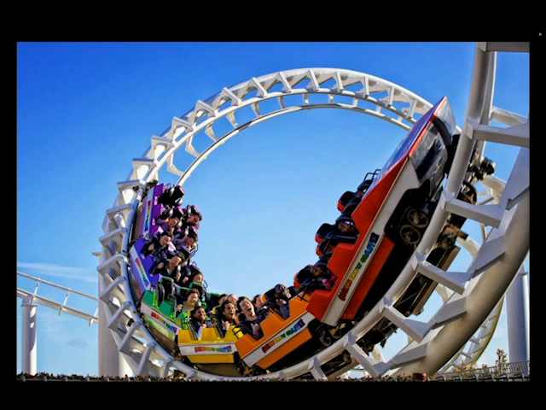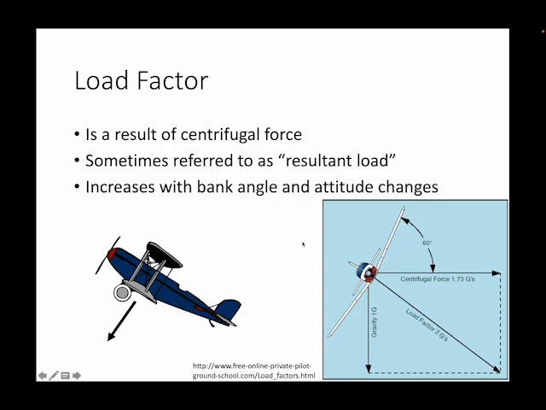Same thing if you've been in an elevator. When the elevator starts to move up, you feel an additional weight. It feels like you're heavier. And this is the same exact thing that results when we bank an aircraft, when we're turning an aircraft, or when it's moving up or down. So in this case, we're moving up at an angle. We're not moving straight ahead, but moving up in elevation, or when we turn sideways and bank the aircraft.